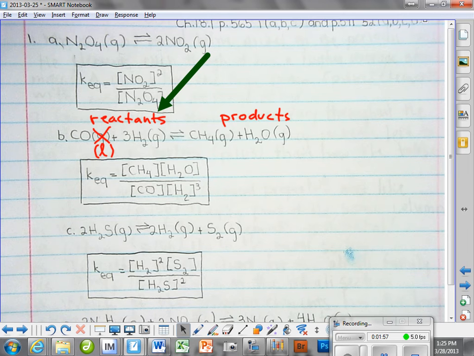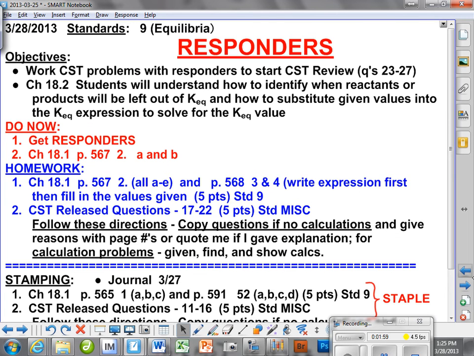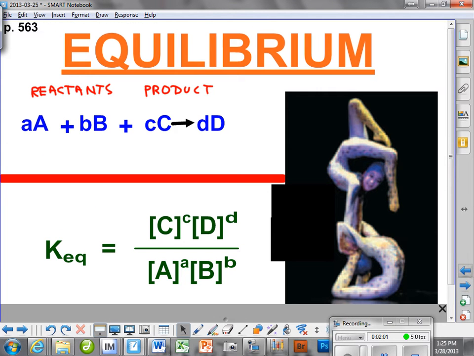Let's go back to one of yesterday's slides, and you might remember this guy. I could move these around, which is very nice because now we can see that in this particular reaction, the way I have it set, I have 3 reactants and only 1 product.